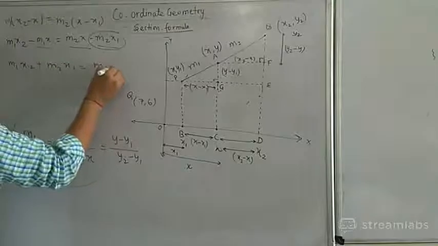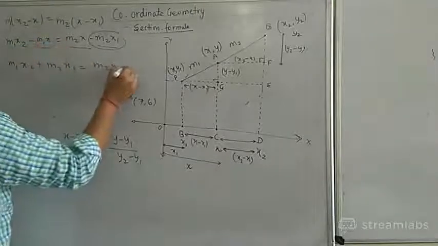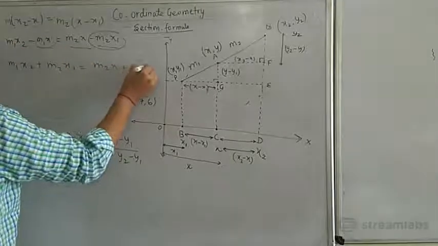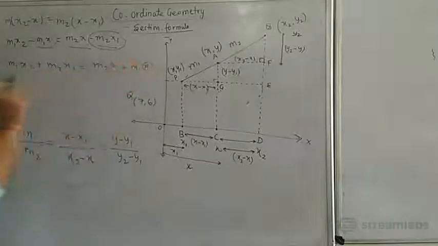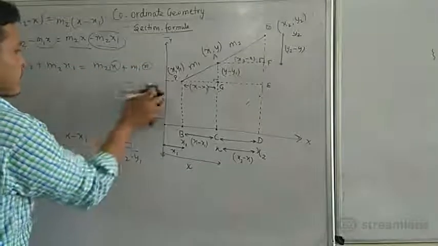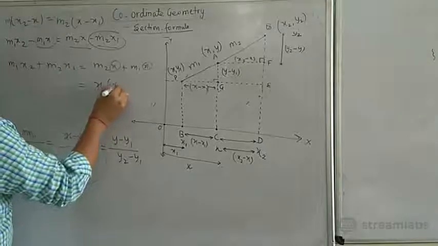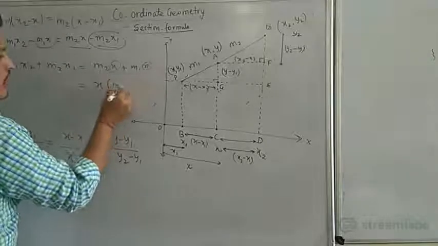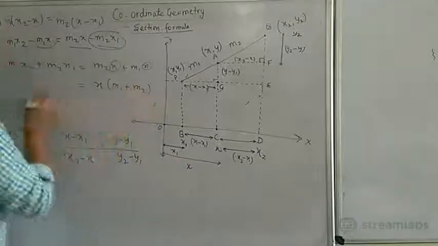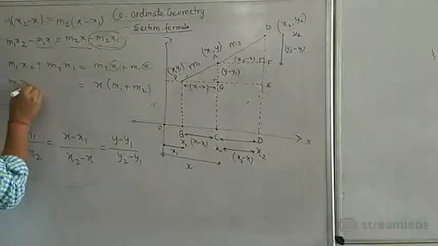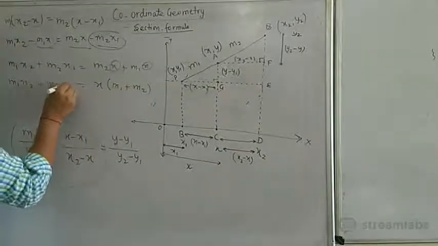Now M2 x and this part also x, so plus M1 x, this x and x taking on the same side. So x is common here, so M2 plus M1, or M1 plus M2, is equal to M1 x2 plus M2 x1.